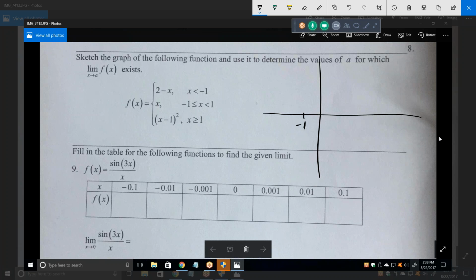Negative what? -1. Yeah, -1, whatever the coefficient is in front of x. What's its y-intercept? It would be 2, if it went to the y-intercept.